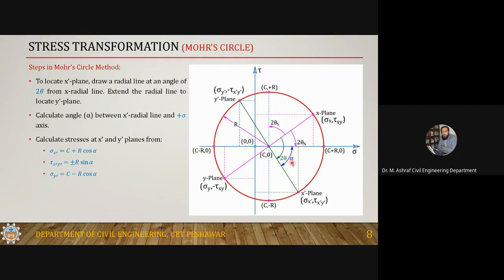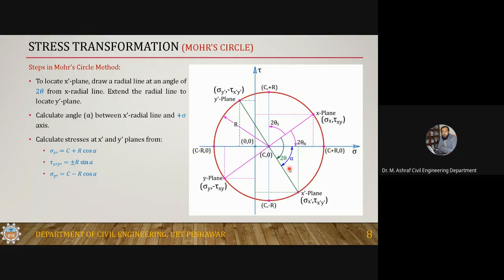Both of them are known, so you will get the value of alpha. Alpha is the angle between the positive normal stress axis and the required plane.